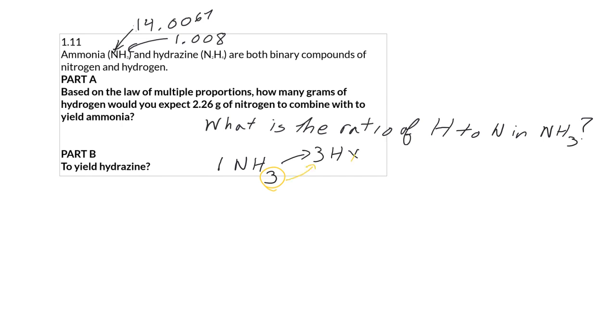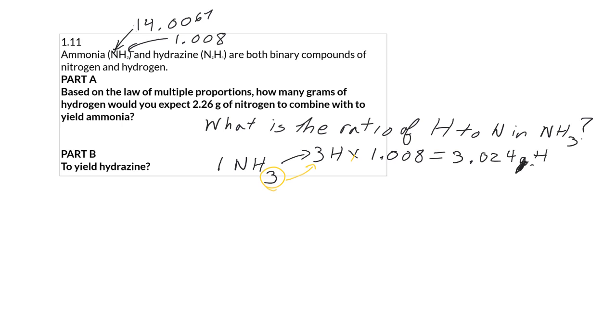And each one of those hydrogens has a mass of 1.008, so 1.008 times 3 equals 3.024 grams of hydrogen, or actually we're still working in AMU here. It doesn't really matter.